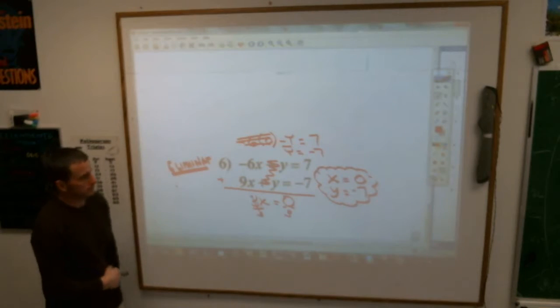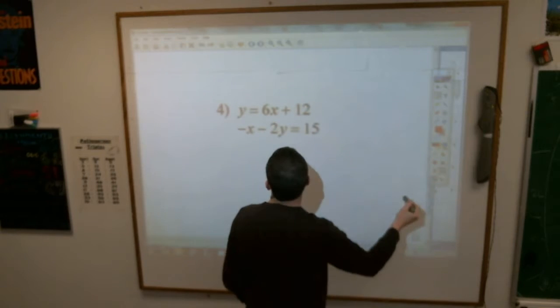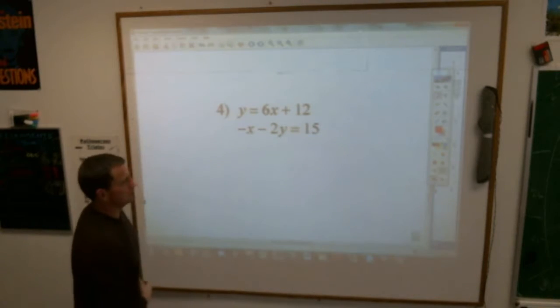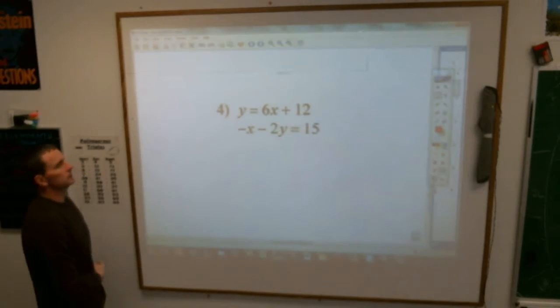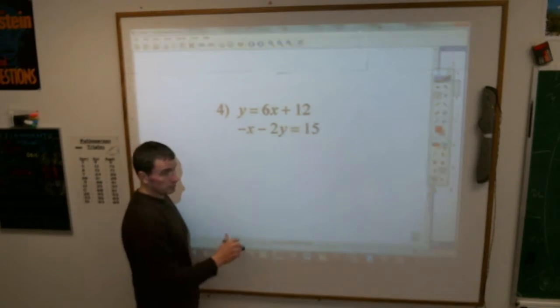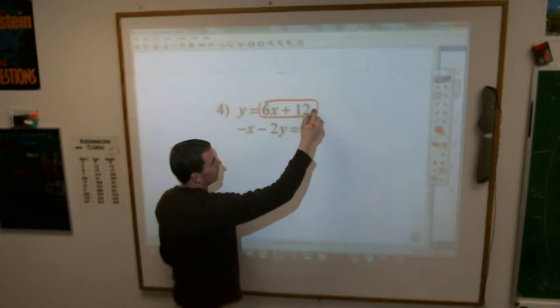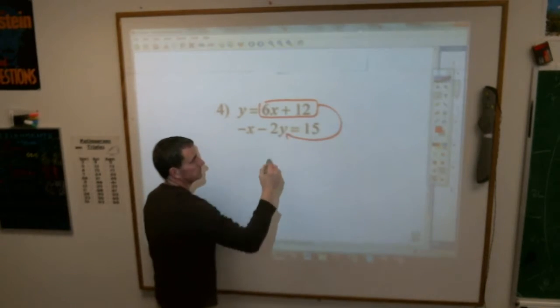Alex? Number 4. Substitution, elimination, graphing, what? Substitution. Well, unfortunately for this one, it's already solved for y, right? So I'm assuming you took what y equals and put it in for y in the other equation.